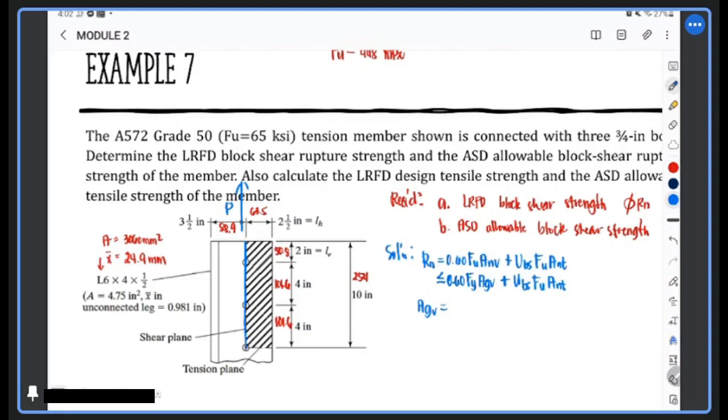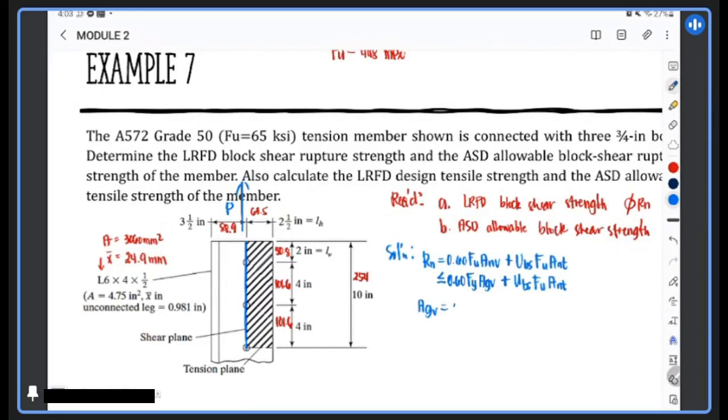No? Yan. So, since it is gross, that would be from end to the center of the last bolt. No? Yung full length niyan, you just multiply that by the thickness of the angle. Okay? So that it is equal to what? 254 mm yung full length niyan, no? Hanggang doon sa sentro ng ating last bolt connection.